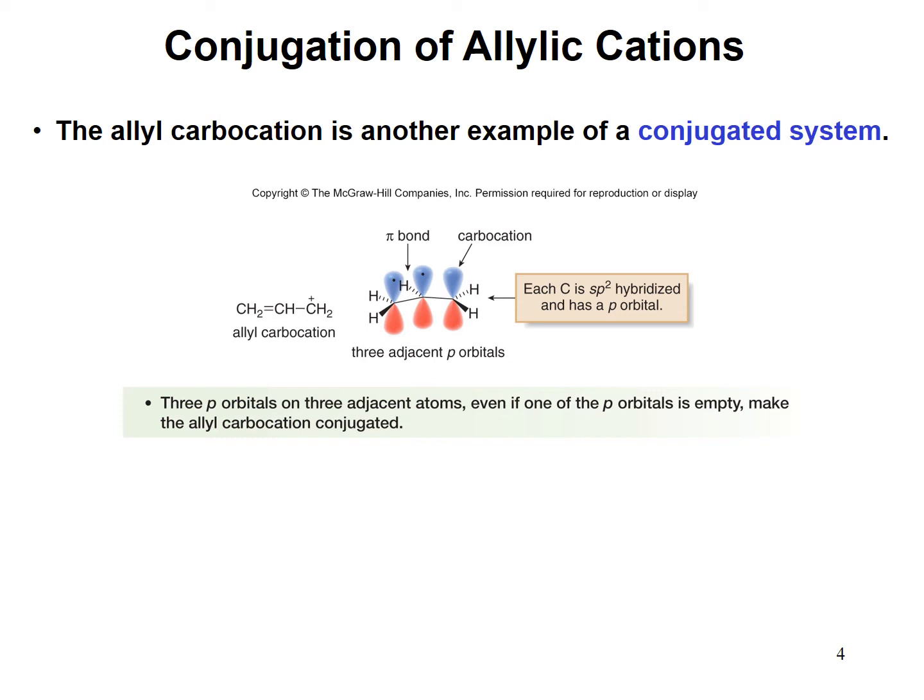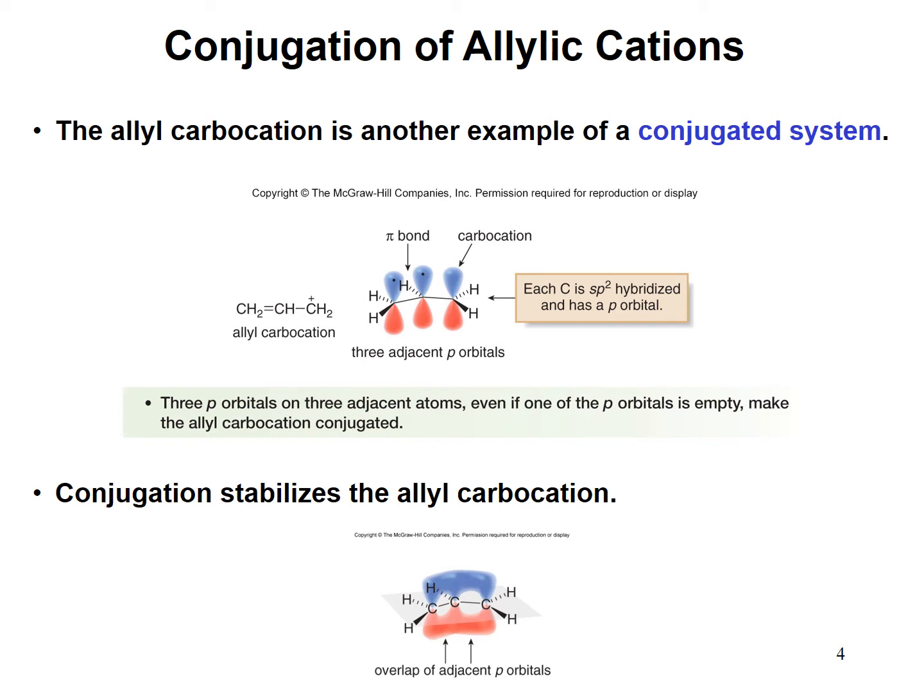I can take the electron density between carbon 1 and 2 on the left and give that to carbons 2 and 3 to satisfy the lack of electron density in the carbocation. Doing so rotates my picture 180 degrees and shows now the carbocation is on carbon 1.